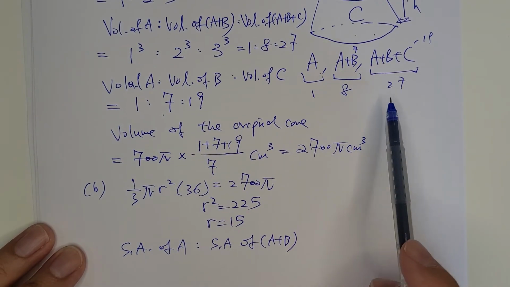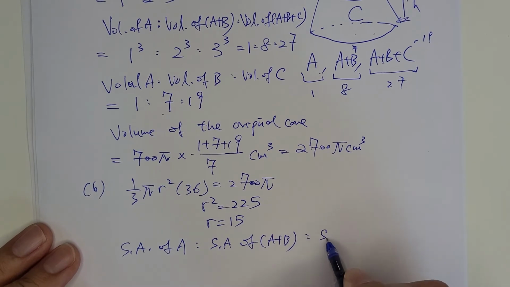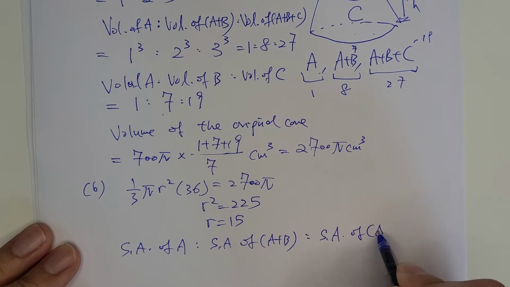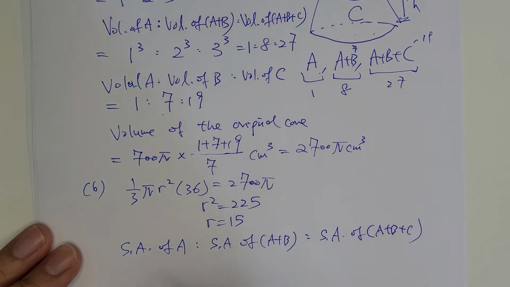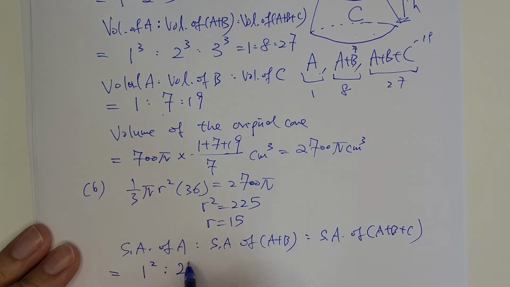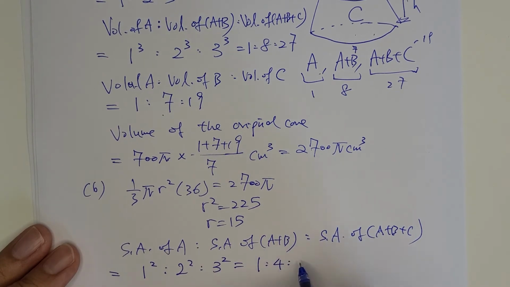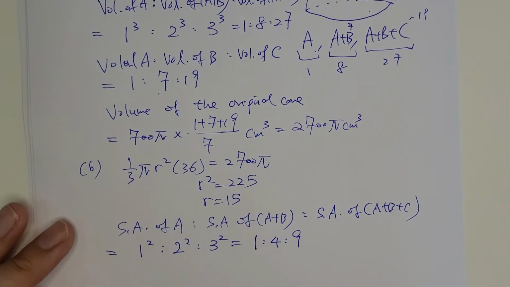To surface area of A plus B plus C will equal the square of the length ratio. That is 1 to 4 to 9, okay?